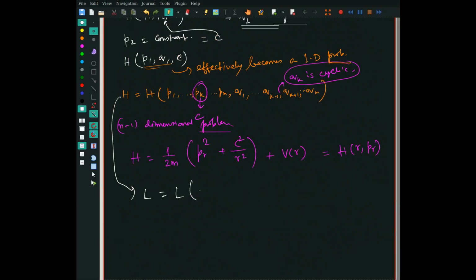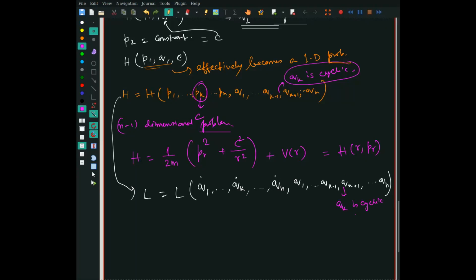L would be a function of, let's say, q1 dot up to qk dot up to qn dot, and then q1, the same way, qk minus 1, qk plus 1, up to qn. Which is nice. Still qk is cyclic, and you still have that del L by del qk dot equals constant.